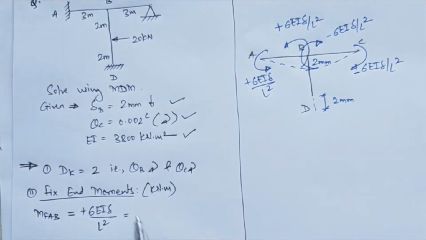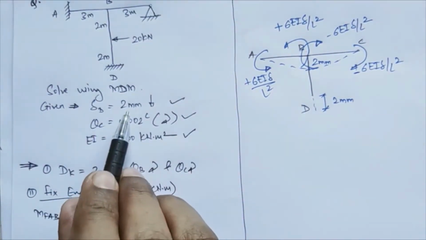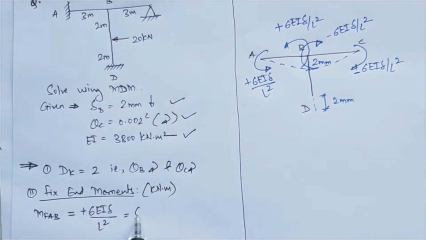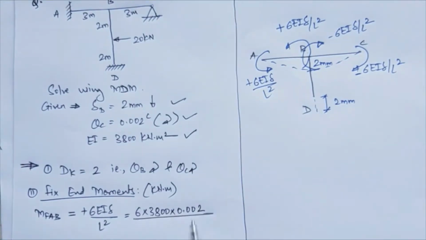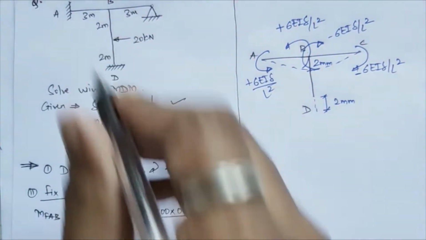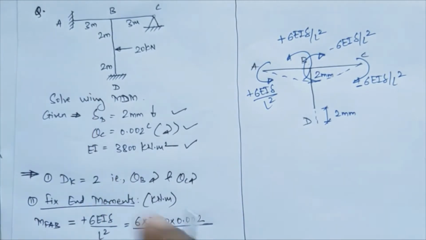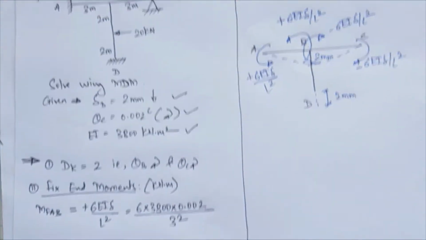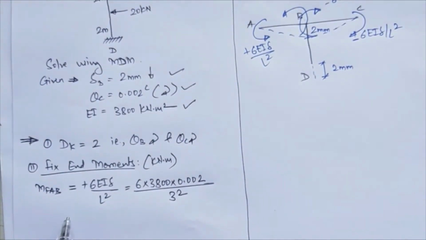So this will be 0.002. I will write it here: 6 into 3800 into 0.002 divided by L of member AB, that is equal to 3, so divided by 3 square. If you simplify this value, you'll get plus 5.06 kilonewton meter.